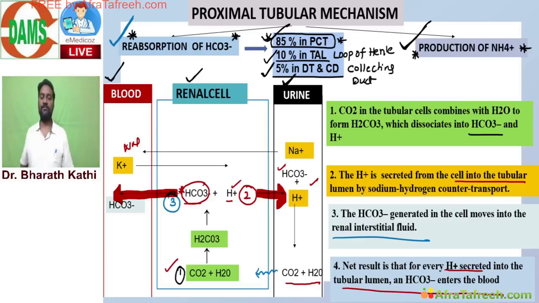The net result is, for every H plus secreted into the tubular lumen, bicarbonate enters the blood. This is the reabsorption of bicarbonate. This happens in the proximal convoluted tubule, thick ascending limb, and to a minor extent in the distal tubule and collecting duct.